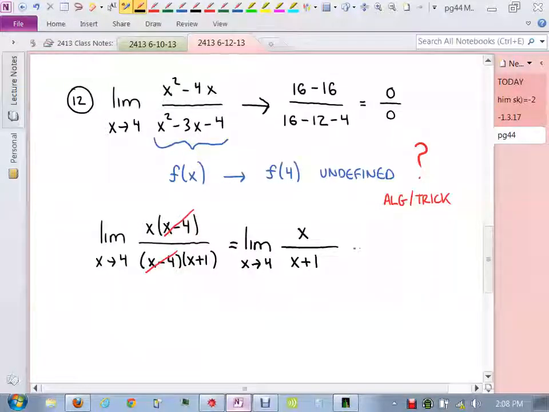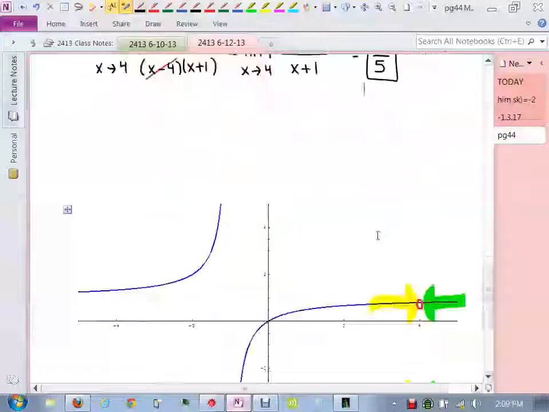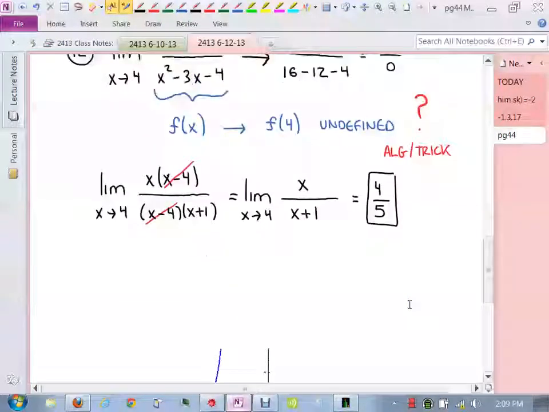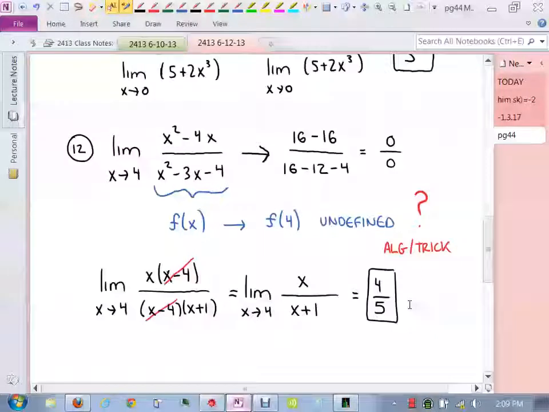And you get what? 4/5. And I'm no longer writing the limit because I've actually done the substitution. So we've determined that this picture, that it looked like it was 1, was actually 4/5. That's where it was headed to from the left and the right. What do you think?